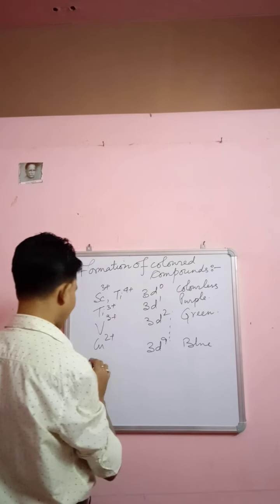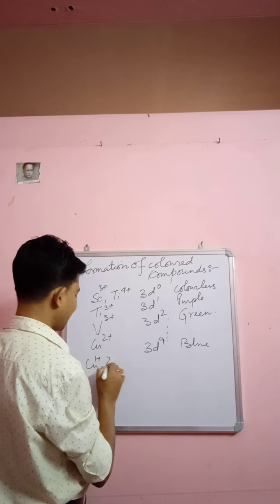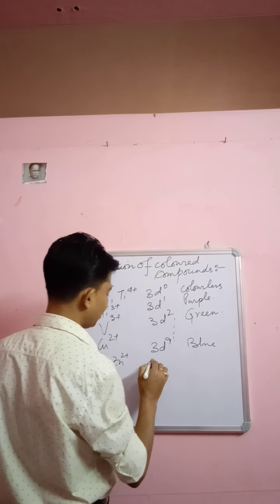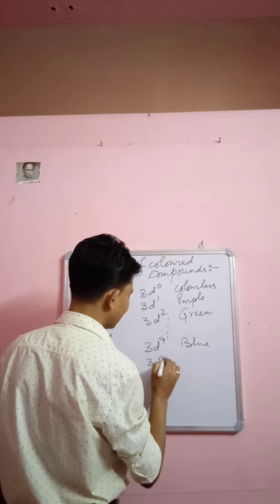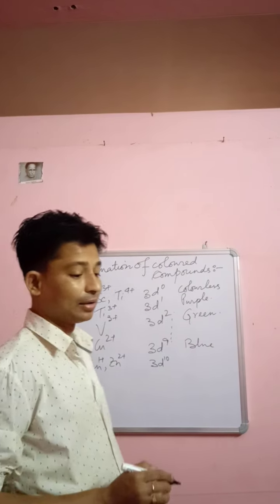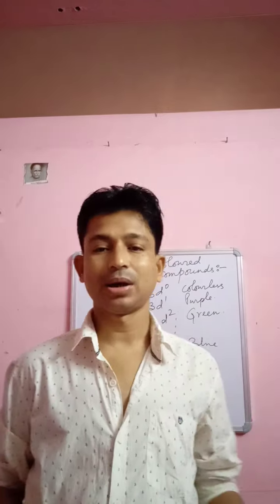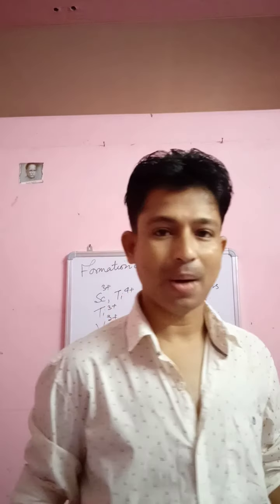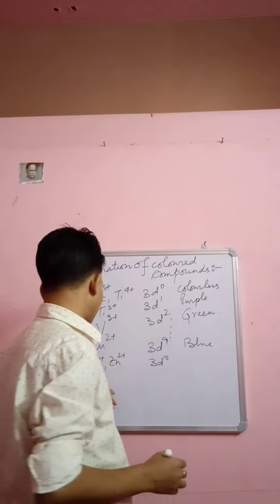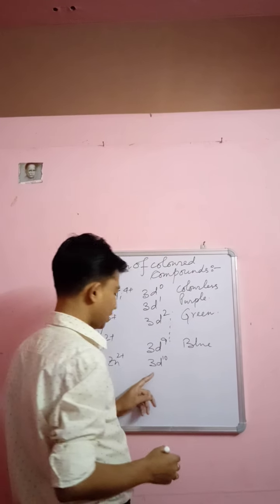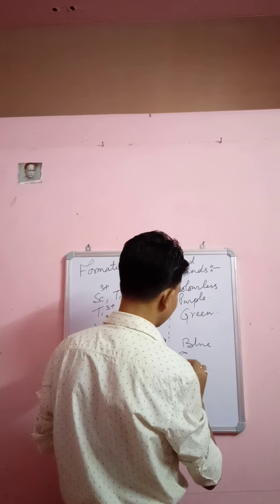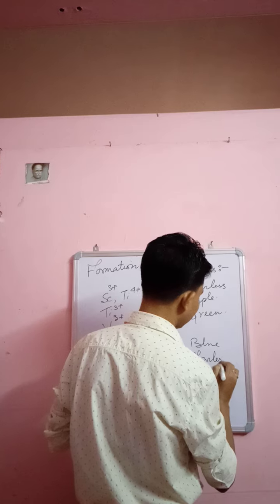But with copper 1 plus and zinc 2 plus, we again have 3d10 configuration, a stable configuration where there is no possibility of d to d transition from one d orbital to another d orbital. That is why the complex is colorless.